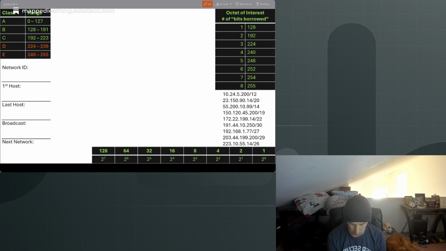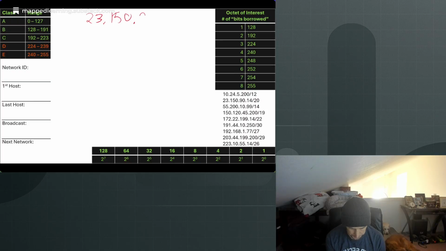Next is 23.150.90.14/20. This again is a class A. So by default, it's 255.0.0.0, but we're at /20.